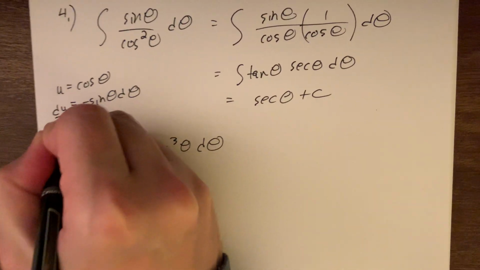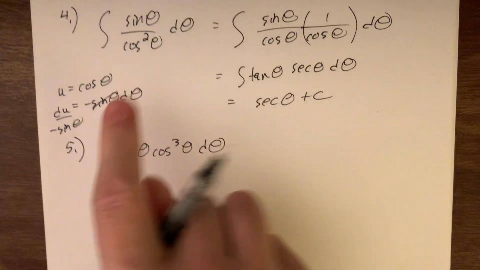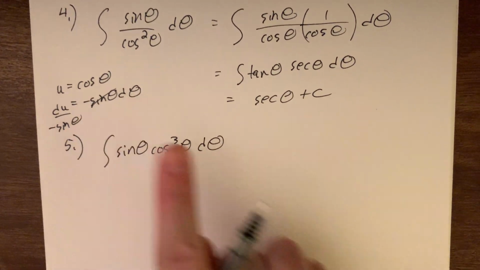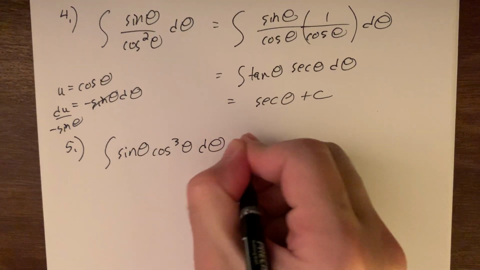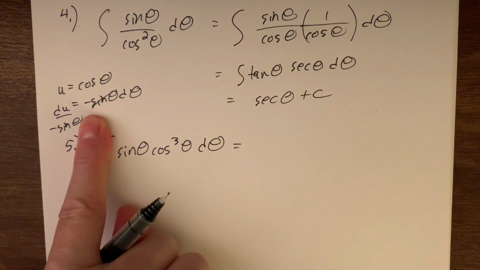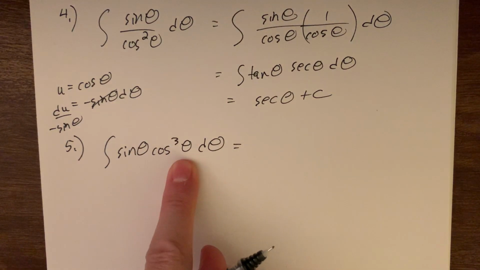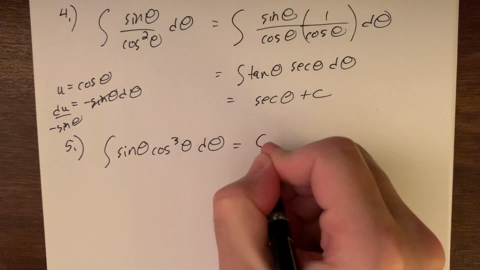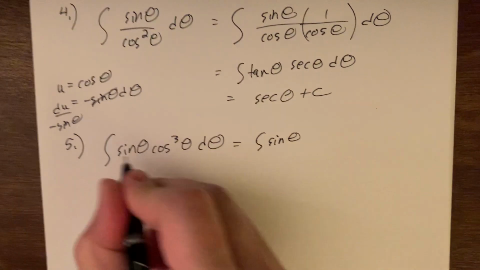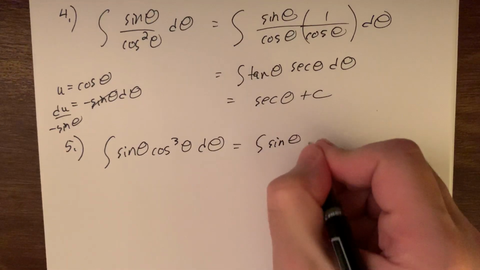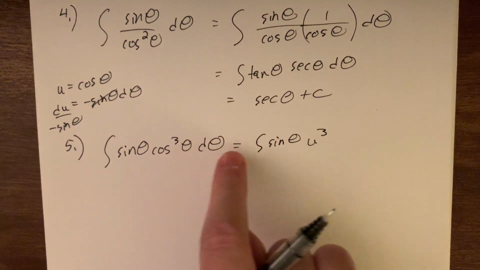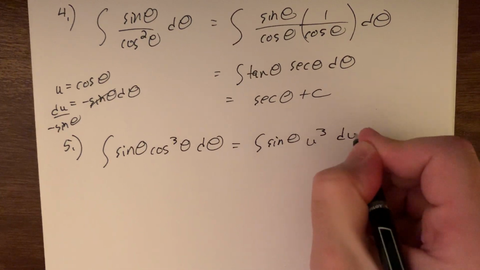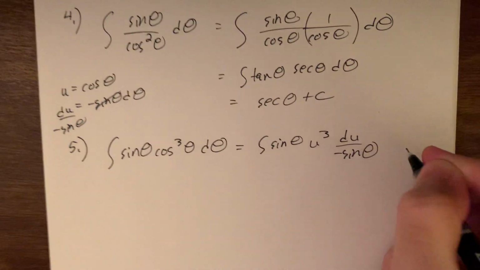Hopefully we're getting better with our U subs. A lot of practice came up in chapter 6 here, so hopefully we're getting better. So even right now, I'm feeling good about this U sub. By picking U as the inner piece, the du is going to cancel with this extra piece. Let me see it happen. Sine's hanging out. This became U cubed, and then the d theta, du over negative sine.